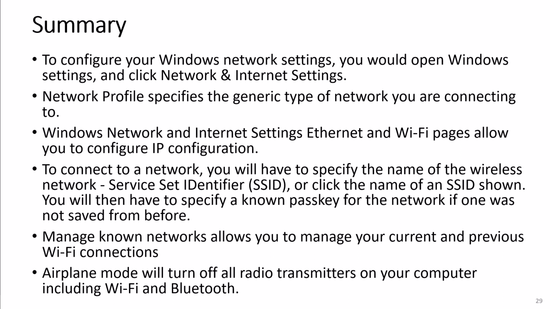To connect to the network, you will have to specify the name of the wireless network, Service Set Identifier or SSID, or click the name of an SSID shown. You'll then have to specify a known passkey for the network. Manage Known Networks allows you to manage your current and previous Wi-Fi connections. Airplane mode will turn off all radio transmitters on your computer, including Wi-Fi and Bluetooth.